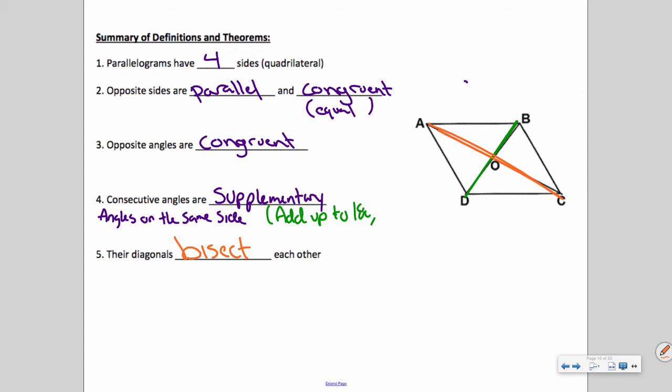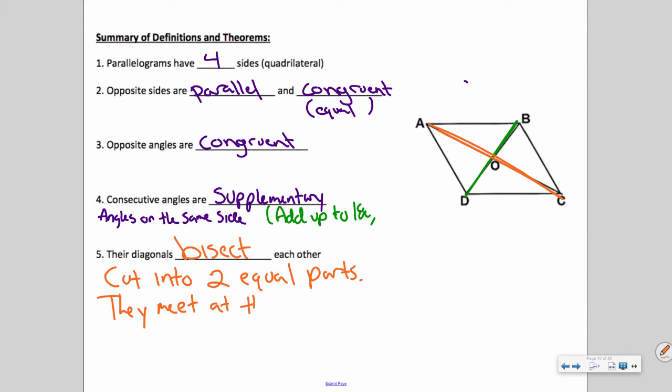Okay. By bisect, it means cut into two equal parts. They meet at the midpoint.